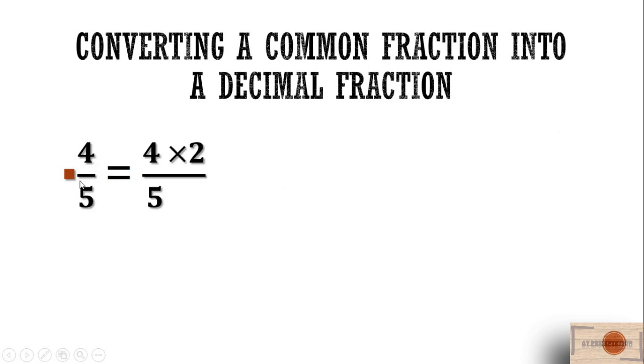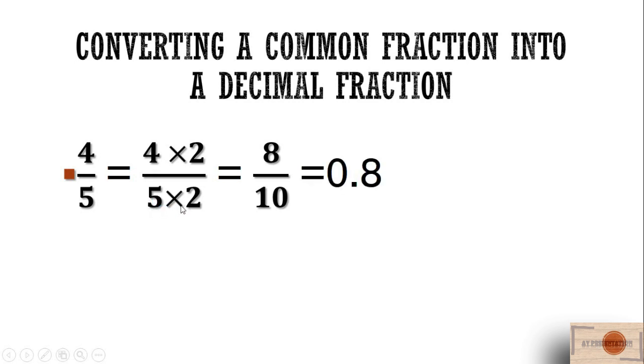So now we convert the denominator into a multiple of 10. Here, 5 multiplied by 2. If we take a 2 in the numerator and the denominator, then the denominator is converted to a multiple of 10.